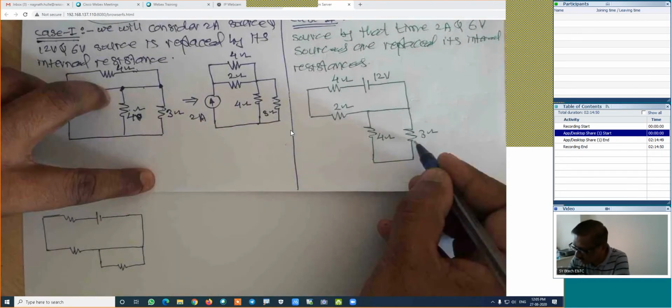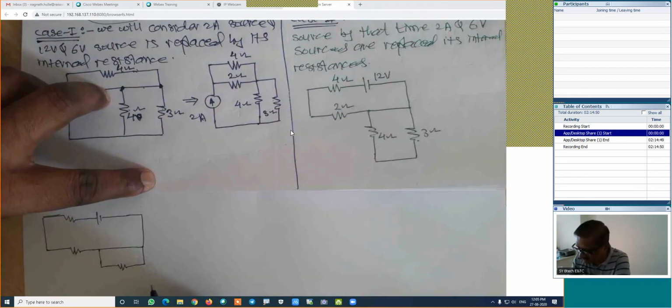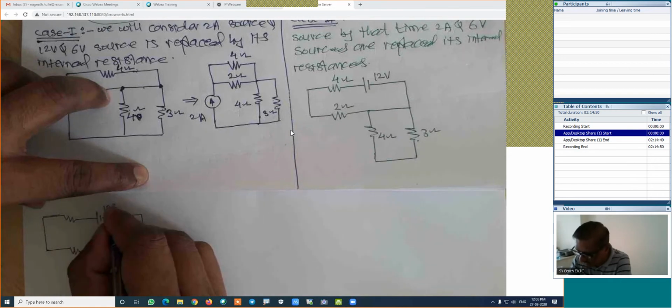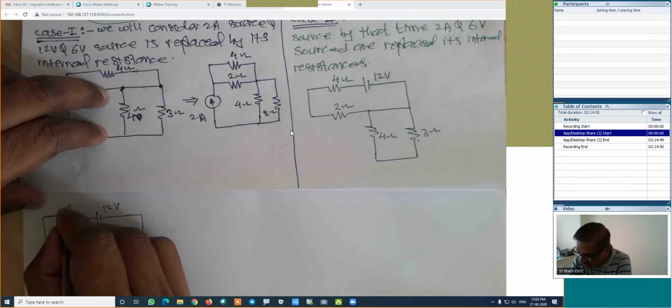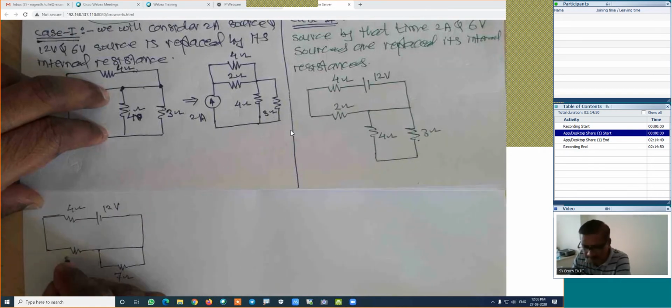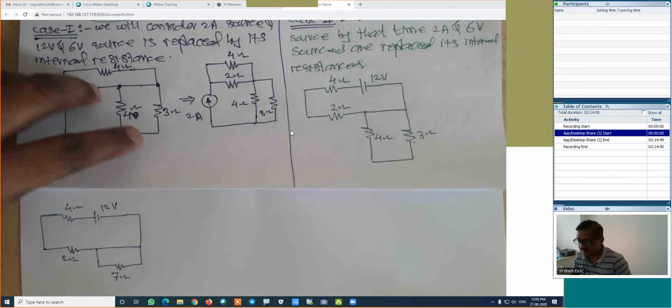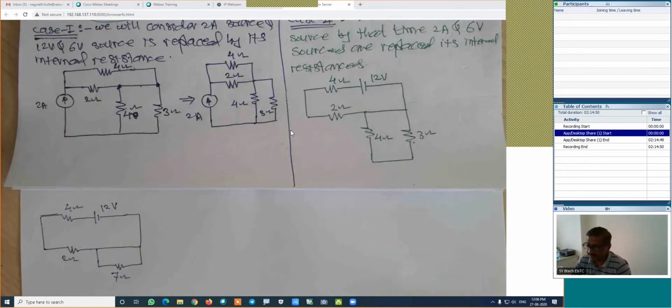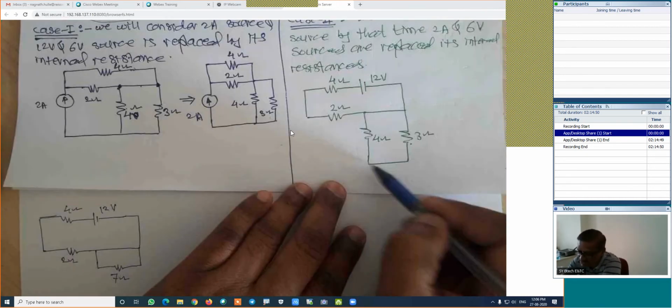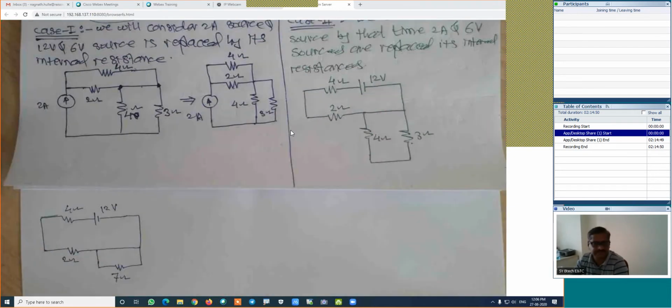This is 3 plus 4, 4 plus 3, 7. Is it right? This is 12 volt. How much is this? 4 ohm. How much is this? 2 ohm. Is it right? This is the figure. I have redrawn this figure just by replacing these two resistances by the single resistance.